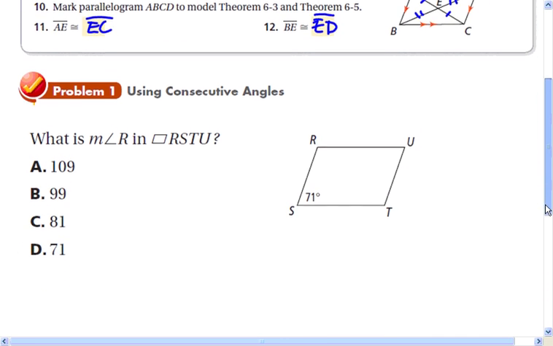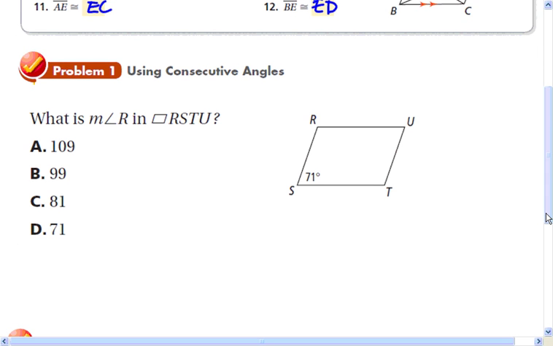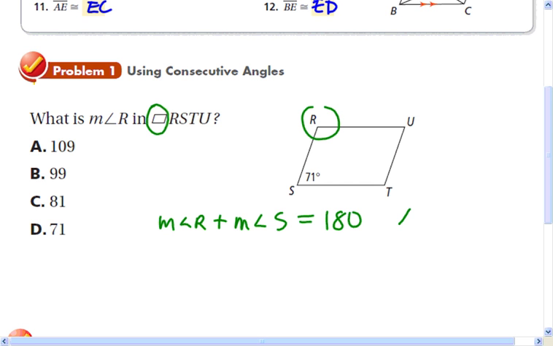Okay, so using consecutive angles. Now remember, according to what we just read, in a parallelogram consecutive angles are supplementary. So if this is a parallelogram, and this symbol is an indication that it's a parallelogram, and S is 71, we're trying to find R. We know that the measure of angle R plus the measure of angle S is equal to 180, and that's because parallelograms have supplementary consecutive angles.